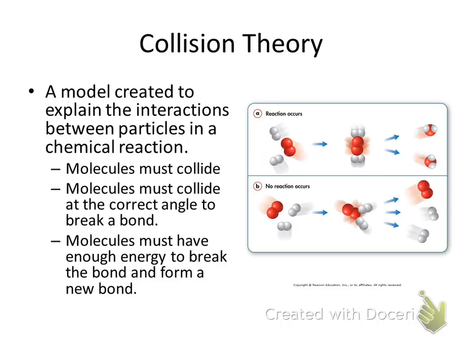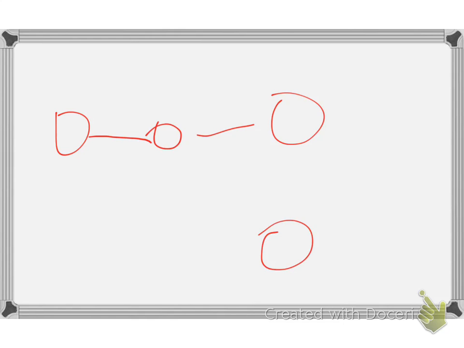The second part will be that they must collide at the correct angle. If I'm using an example here, if I have 3 points in which I have to make some sort of connection, and I have a molecule that's here, unless I hit at the correct point, I won't get a reaction.